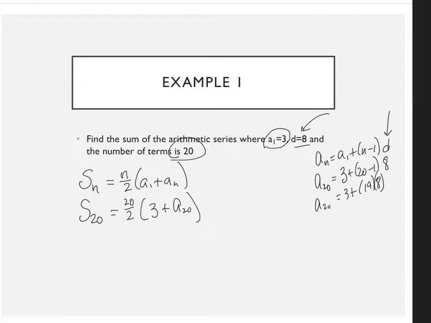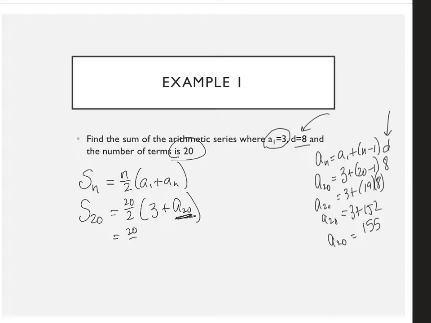Again, handy dandy calculator. 19 times 8 is 152. All right, so that means that the 20th term is 155.